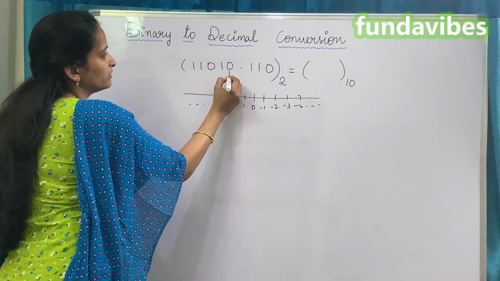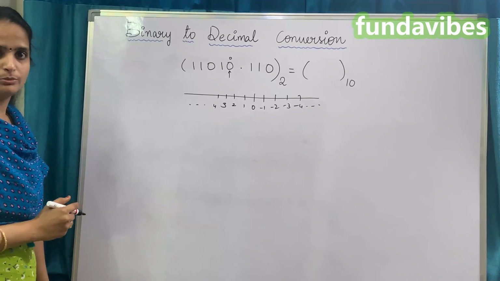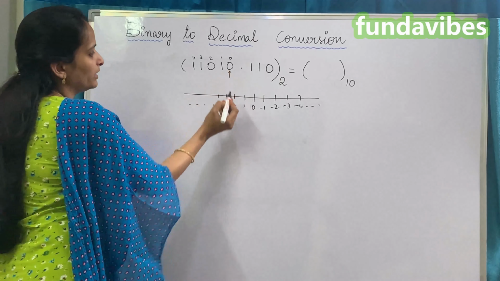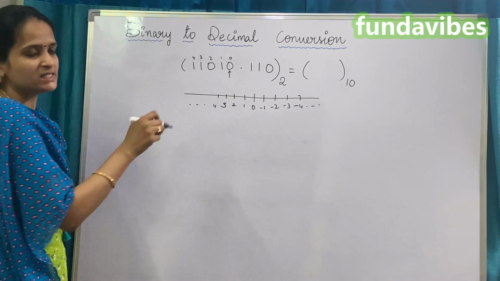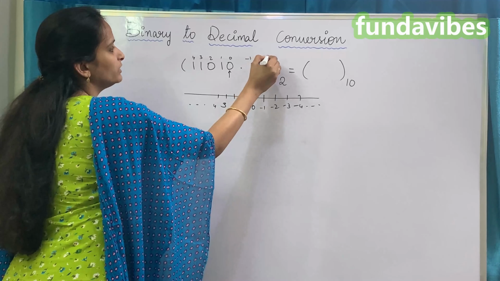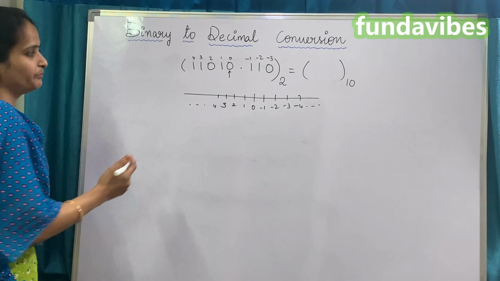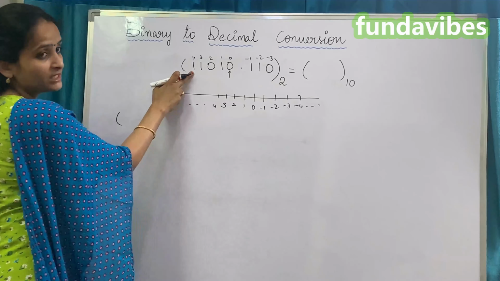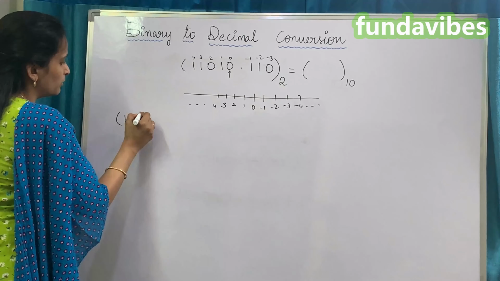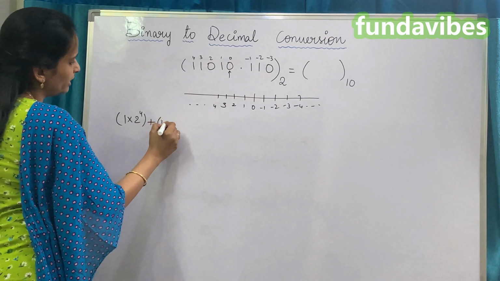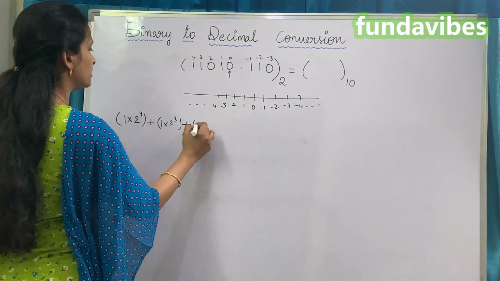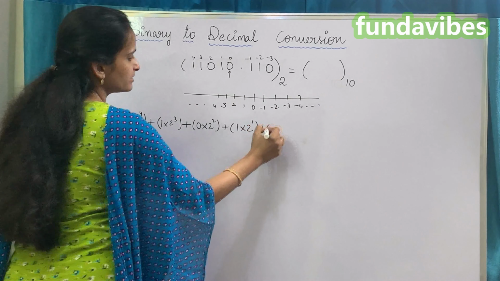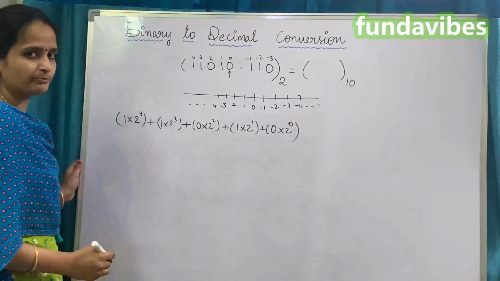The first bit is at the 0th position, then 1, 2, 3, 4, as I have discussed earlier. And after 0, the value will be -1. So we have to multiply with 2 power minus x. Okay, let us see the example. Now this is the last bit. So 1 into 2 power 4 plus 1 into 2 cube plus 0 into 2 square plus 1 into 2 power 1 plus 0 into 2 power 0.